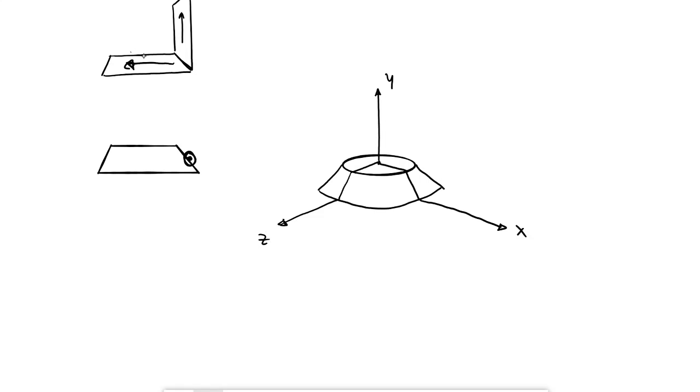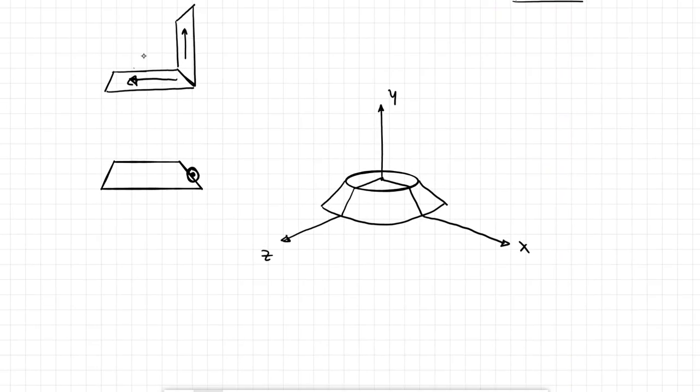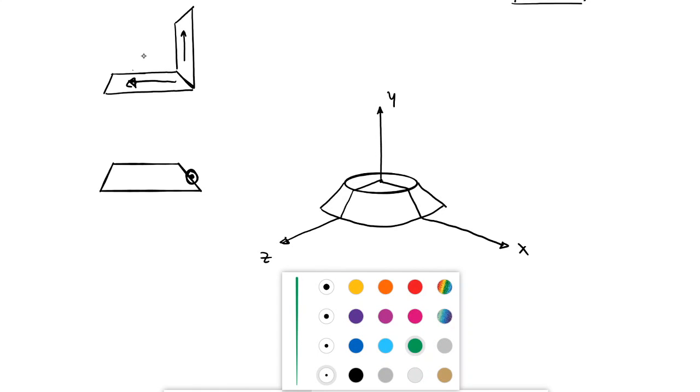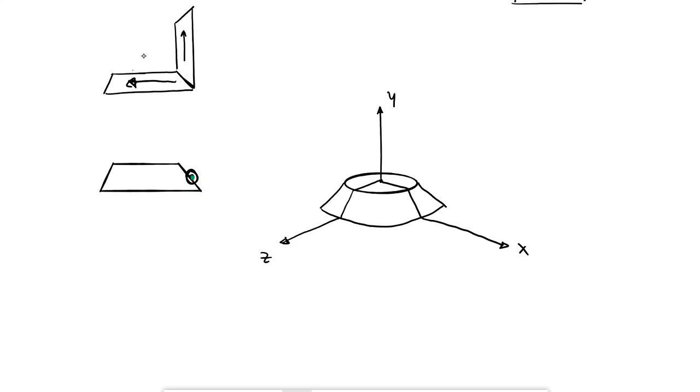And this vector, let's keep the same colors to be consistent. I'll keep the green for the tangential one. So this vector coming out of there would look something like this in the Z direction.